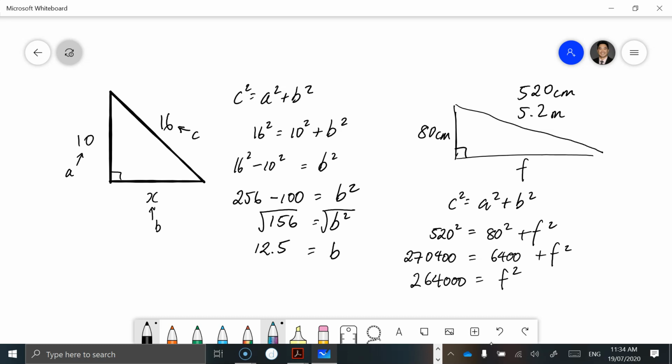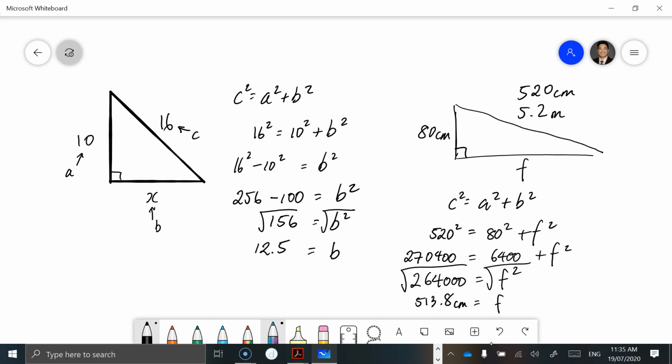And we want to get the square root of that, to get f on its own. So let's work that out. The square root of 264,000 is 513.8, and we're dealing with centimeters.